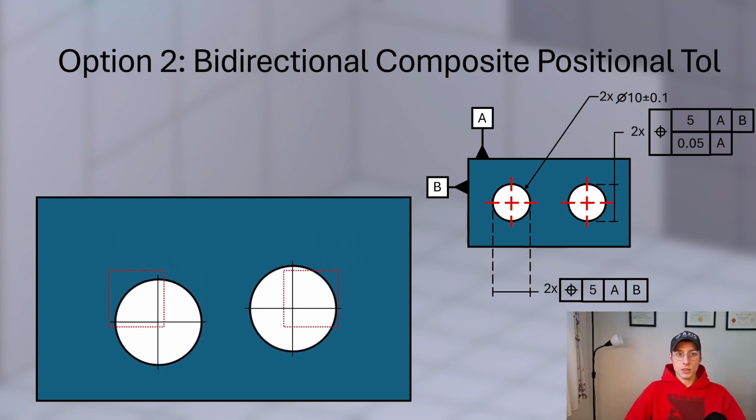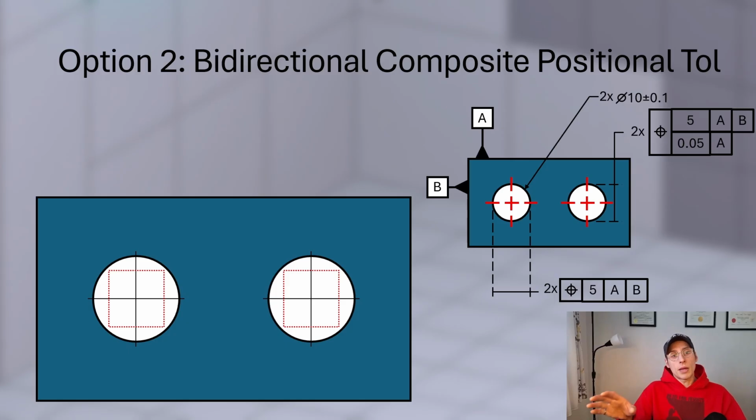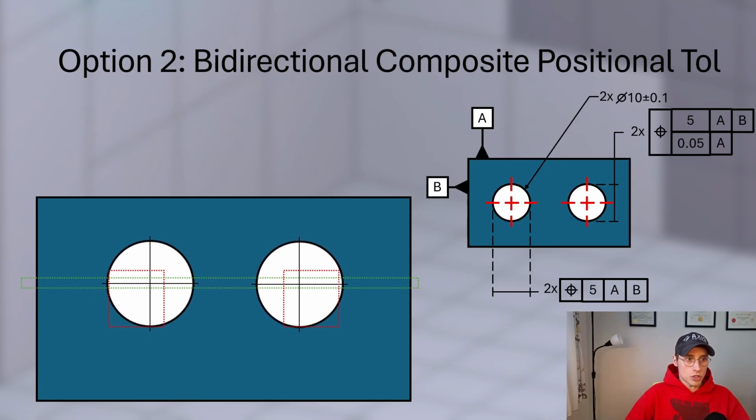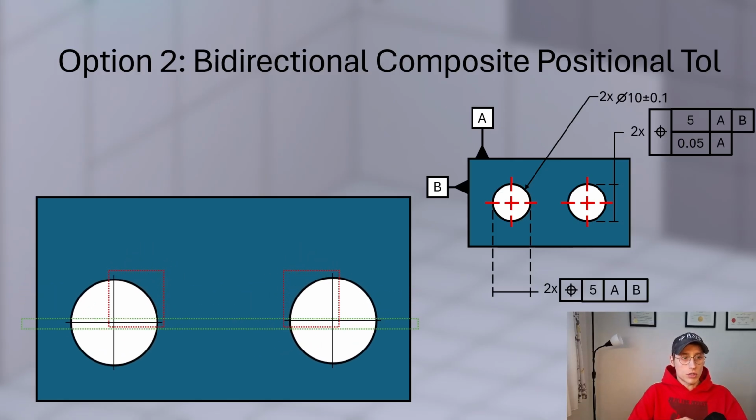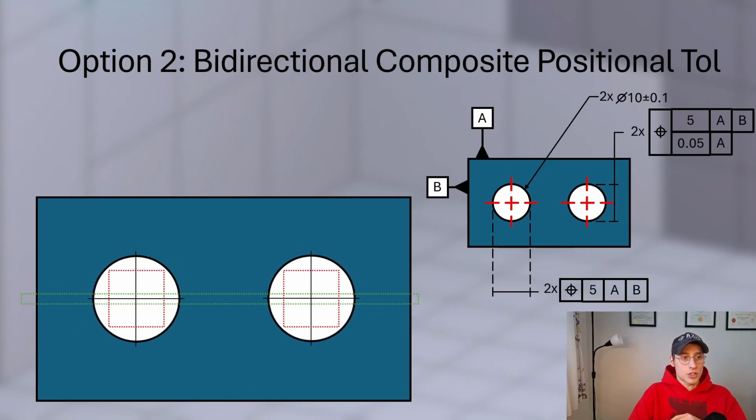But this is not controlling that parallelism that the poster wants. So that's what the lower segment on the horizontal component is controlling. It creates a band of the parallelism distance that we want, and it constrains those two features to each other in that horizontal axis, or in that vertical axis, I should say, but still allows for that horizontal movement.